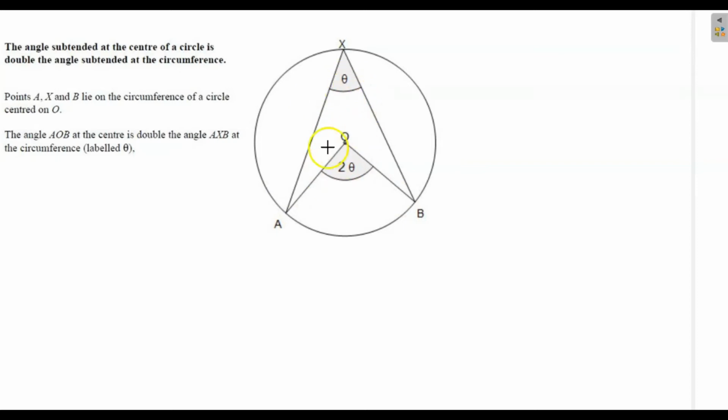Now, I make it very easy for students to understand this theorem by giving it the name the arrow theory. That's a very simple way to remember that.